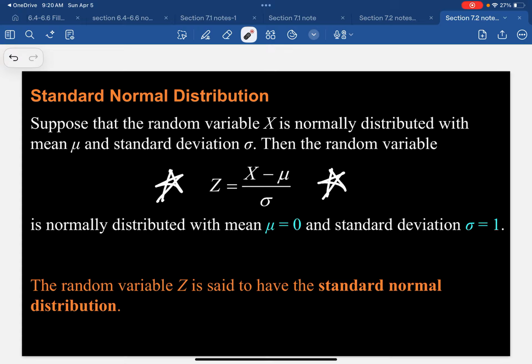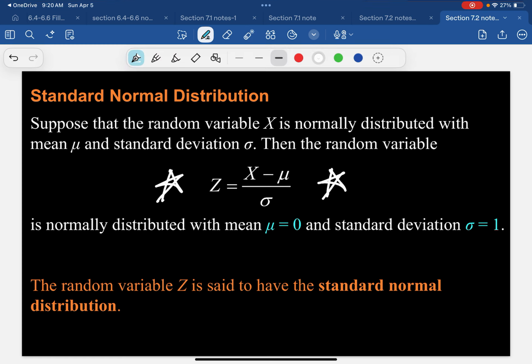So when you convert using this formula, z will also be normally distributed, but this time the mean is converted to 0 and the standard deviation converts to 1. And the random variable z is said to have the standard normal distribution.